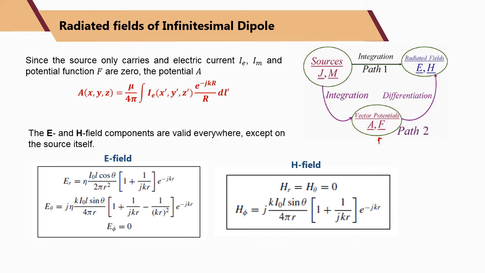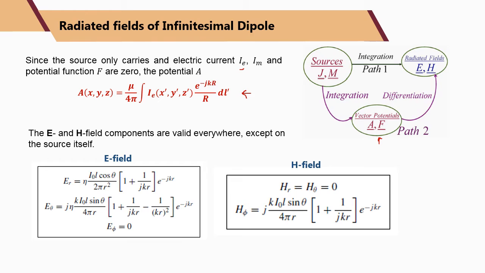Right, since the source only carries an electric current Ie, the magnetic current is zero, and the potential A can be represented by this equation, in which R is the distance from the observation point to any point on the source.